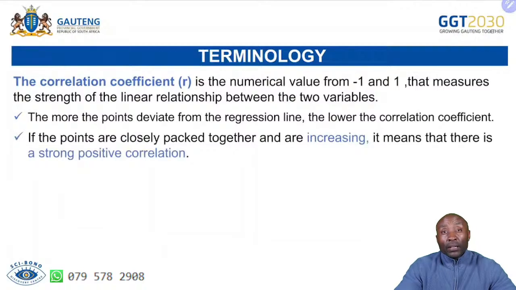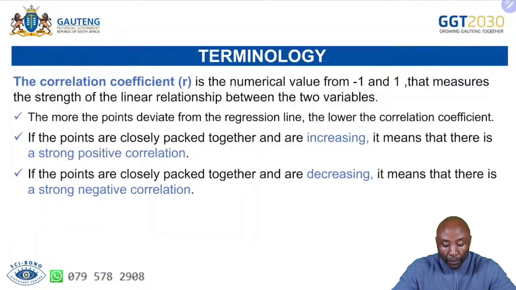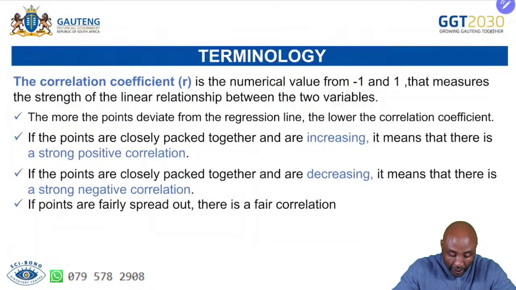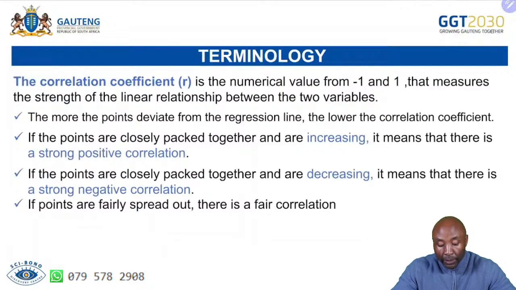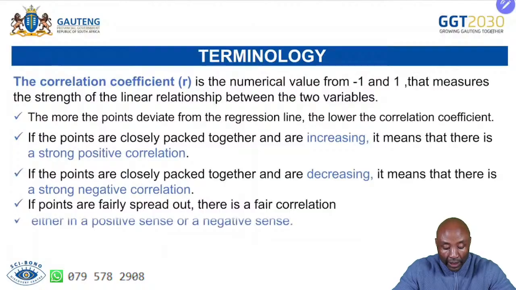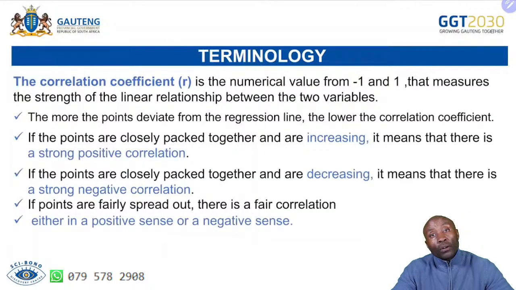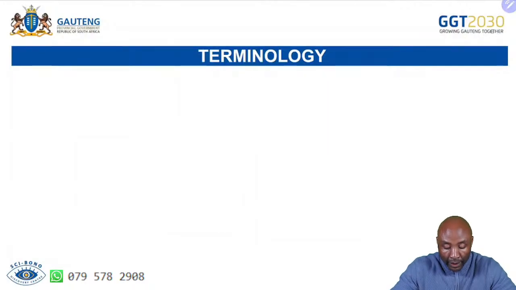But if the points are closely packed together and are increasing, it means that there is a strong positive correlation. If the points are closely packed together and are decreasing, we'll have a strong negative correlation. If points are fairly spread out, we'll have a fair correlation. It can either be positive or negative.